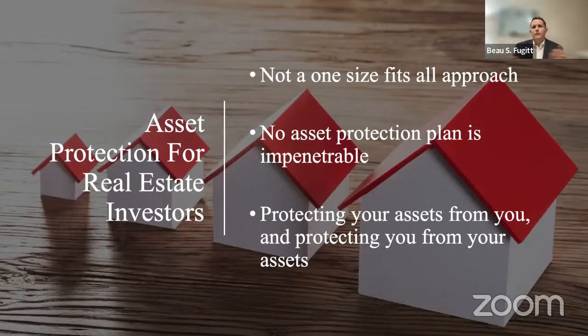We've most probably all heard of limited liability companies, or limited liability partnerships, that limit the individual owner's liability in the event something happens. So take, for example, you own a piece of real estate, you have it in a limited liability company, and someone slips and falls. In theory, they should be limited to suing the limited liability company, not you personally, though nothing's going to stop them from suing you personally.